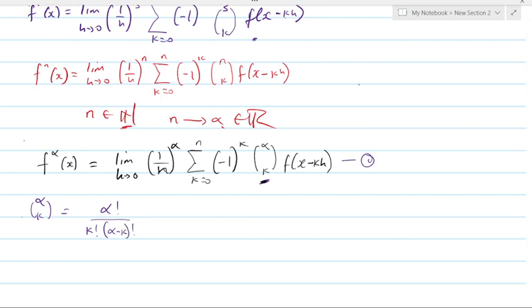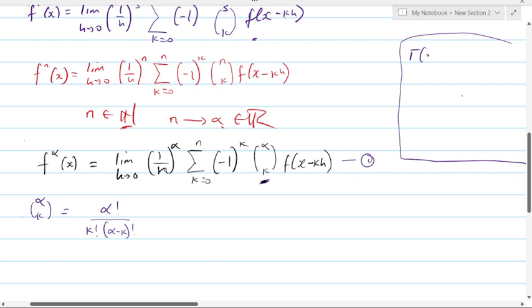So don't forget your gamma function property. Let me write it at the corner here. So you have gamma x plus 1 is equal to x factorial.